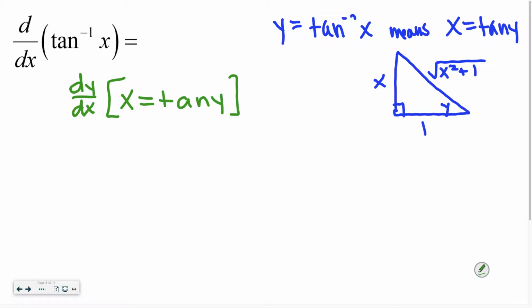If we take the derivative of x equals tangent of y, because remember that is our definition of our inverse, well, what's the derivative of, oh, that's not how I should write it. d/dx should be better. Sorry about that. What's the derivative of x? 1. And then the derivative of tangent y?